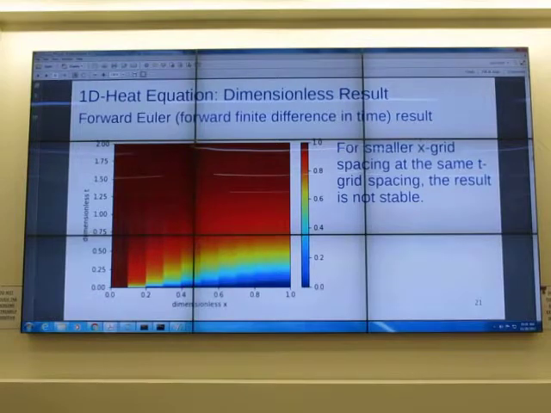As you notice, the grid on the dimensionless time is finer than the grid on the dimensionless X. That's why you see kind of strips of color like this. If you don't do this, it crashes, because this is the CFL condition.